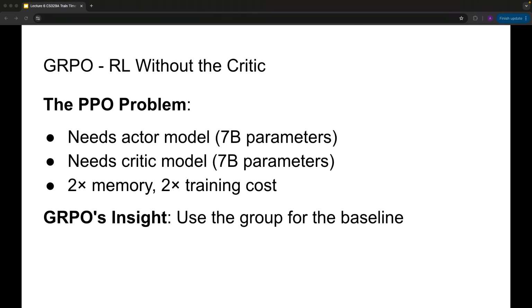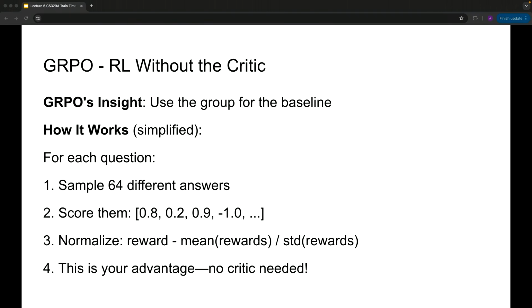So now the PPO, which needed a lot more memory, instead of that, GRPO essentially could use just a group for the baseline. And the way that works is that for each question, you sample a lot of answers, and then you score them, and you normalize the reward.